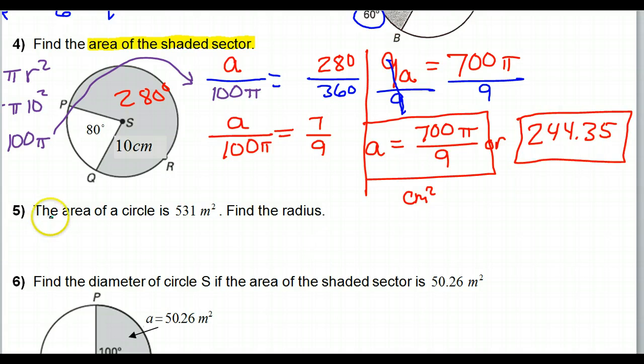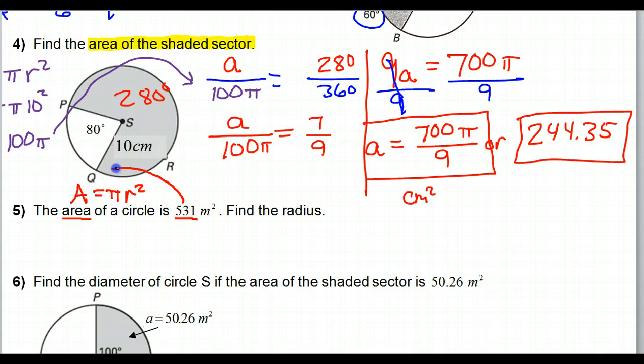Number 5, find the area of a circle. No, the area of a circle is 531 square meters. Find the radius. Look, if I give you something, substitute it into its formula. So here I'm giving you the area. The formula for the area of a circle is area equals pi times the radius squared.